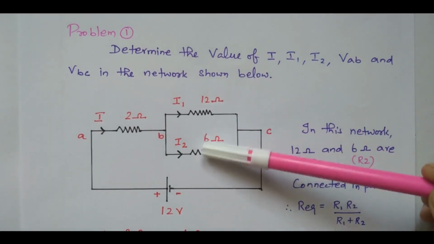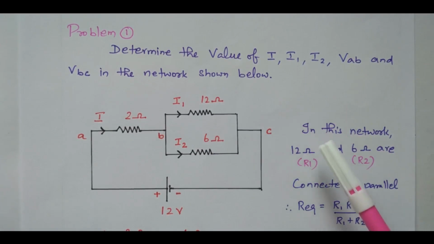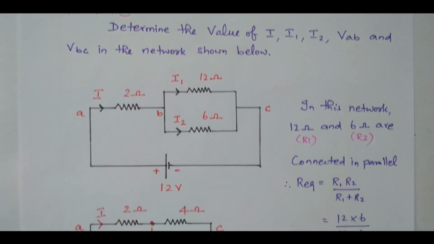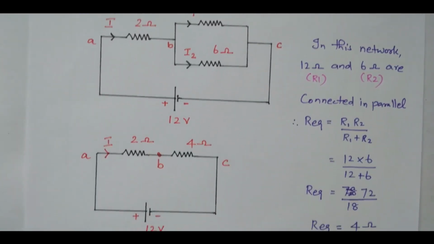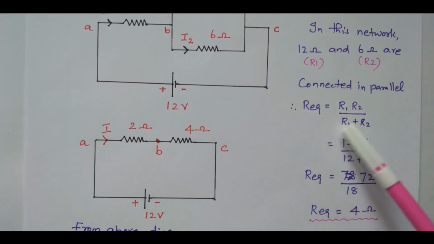So these two are connected in parallel, so we will find the equivalent resistance. In this network 12 ohm and 6 ohm are connected in parallel. We will take 12 ohm as R1, 6 ohm as R2. The formula for the parallel combination is R equivalent equals R1 R2 divided by R1 plus R2.